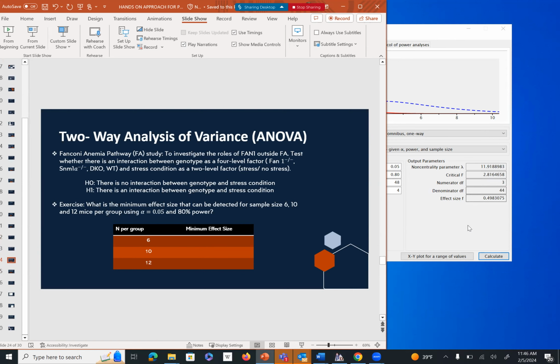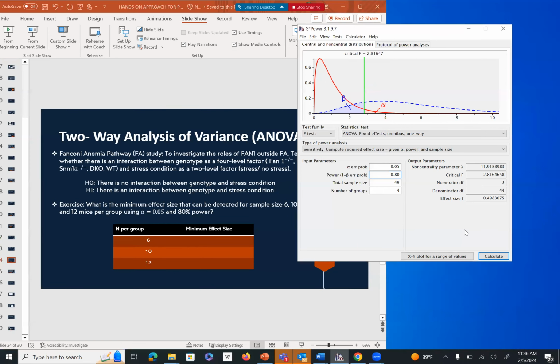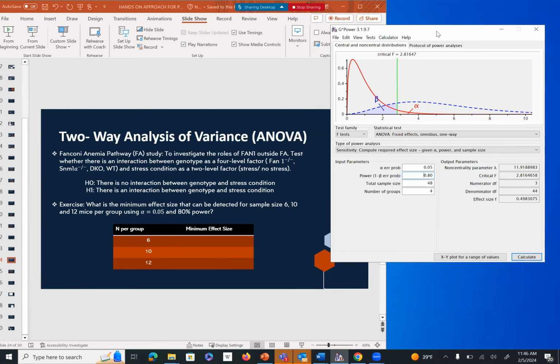And then here we are performing a two-way analysis of variance. So if it's not one independent variable, now you have 2 variables of interest. For example, you want to investigate the roles of the Fanconi anemia pathway outside of FA.